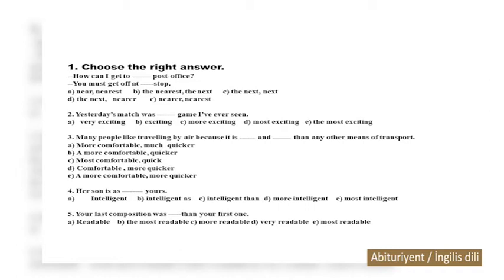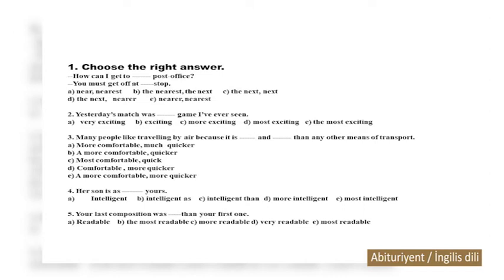Of course, superlative degree. So in that case, our correct answer is the most exciting. Not most exciting, but the most exciting, the last one, because with variant D, we don't see any definite article, and the superlative degree is used with a definite article.